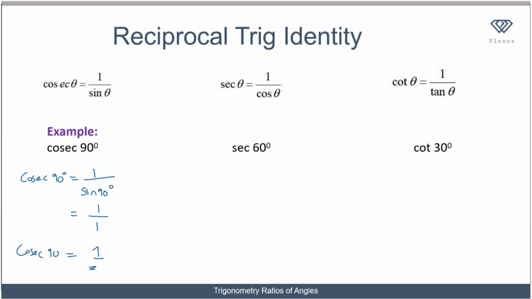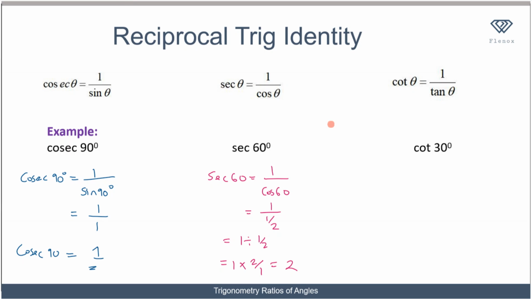Now let's move on to the next example. I'm going to find sec 60. Now sec is what? 1 over cos. So sec 60 is the same thing as 1 over cos 60. Now cos 60 is half. So I have 1 divided by half, which is the same thing as 1 times 2 over 1, and that is equal to 2. So sec 60 is equal to 2.